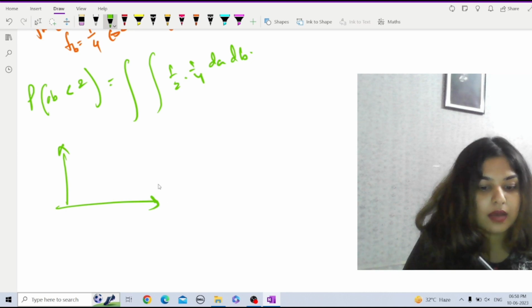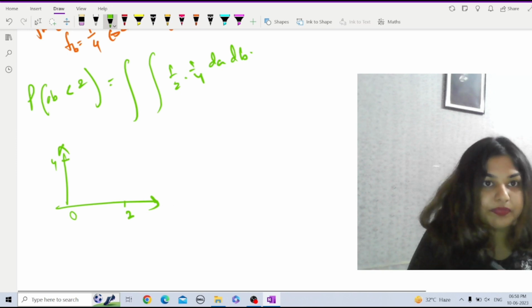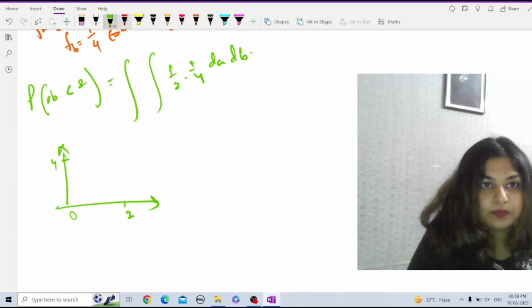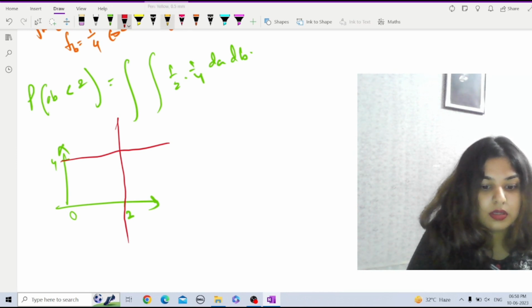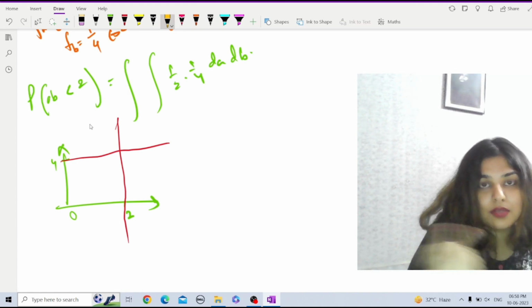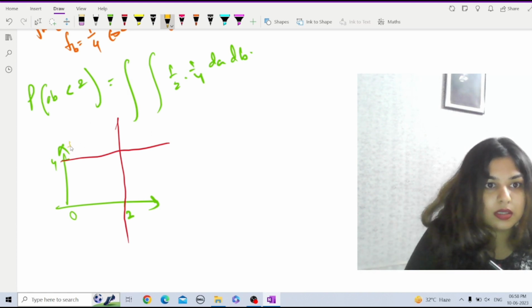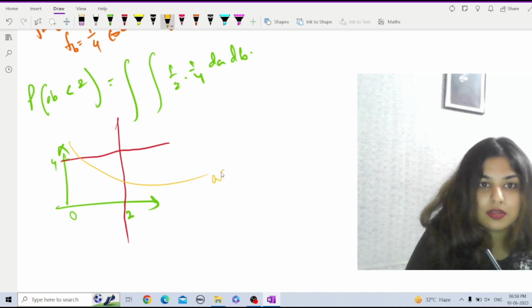This is the origin, here it is 2 and here it is 4, for A and B. This is the boundary actually. Now we have to draw the curve for the given function, AB less than or equal to 2, so a rectangular hyperbola.